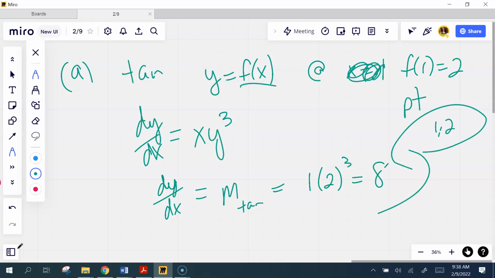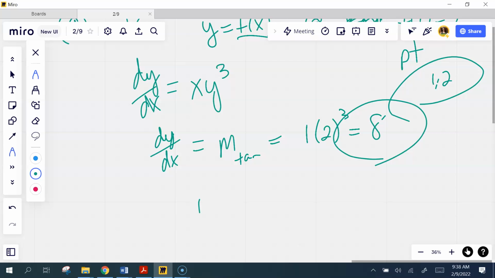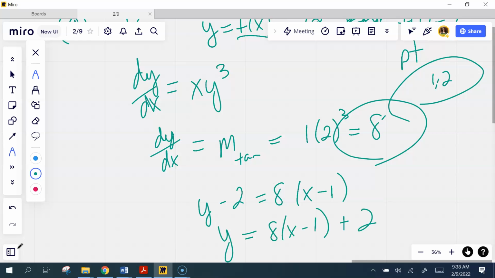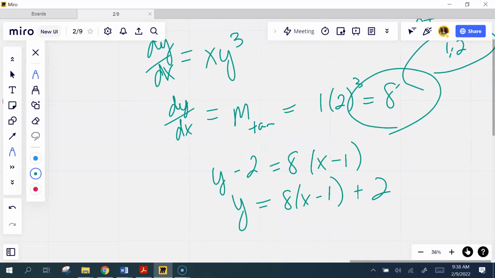Now I have a point and I have a slope, and so I just write the equation in point-slope form. They like for you to solve it for y. Not that you have to do anything else, but just move that value over, and you're done.